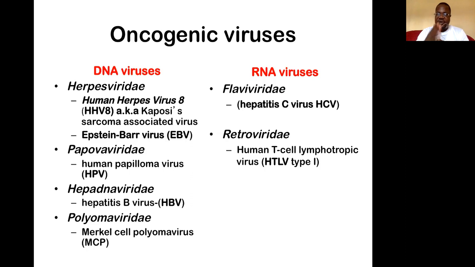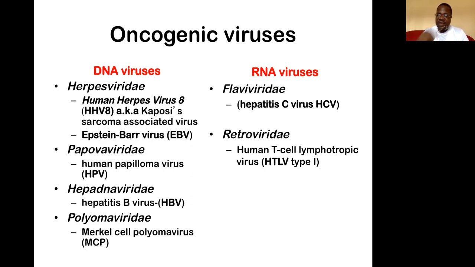So those 5 viruses are known as DNA viruses. It means that in the nucleic acid of the virus, it is a DNA. Then the 2 remaining viruses, hepatitis C virus and the human T-cell lymphotropic virus, known also as HTLV type 1, those 2 are what we call RNA viruses.